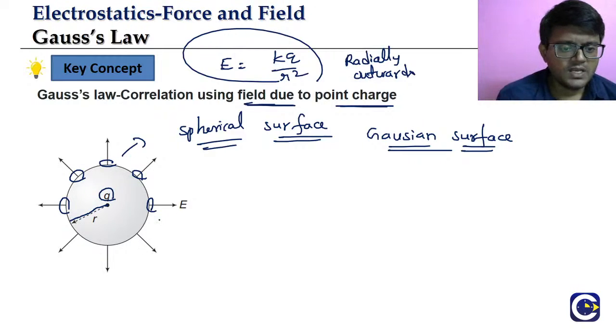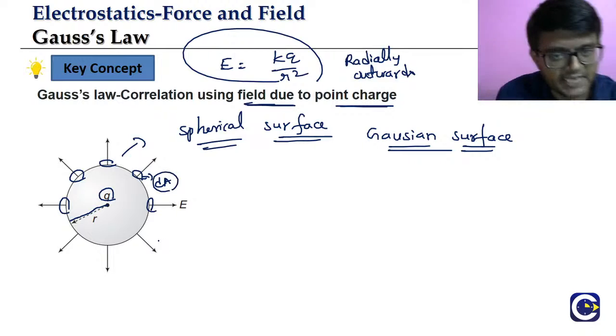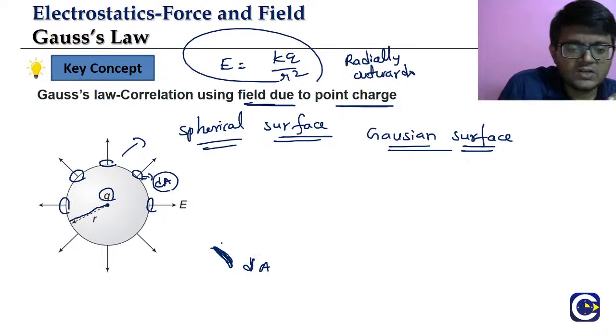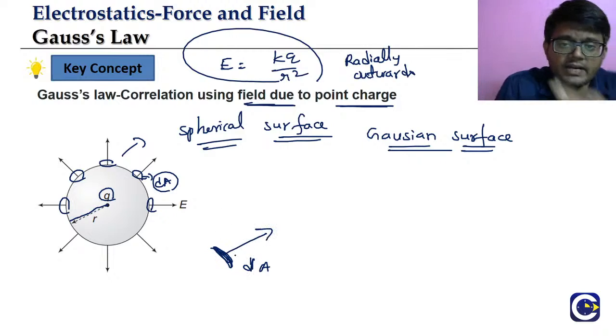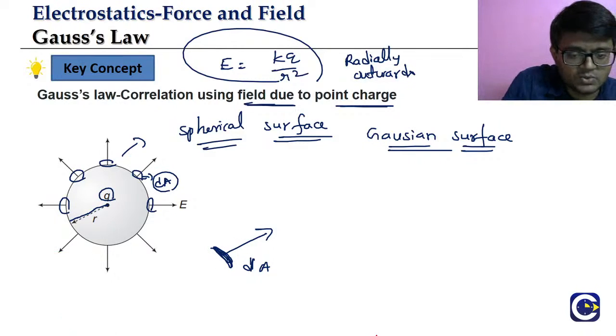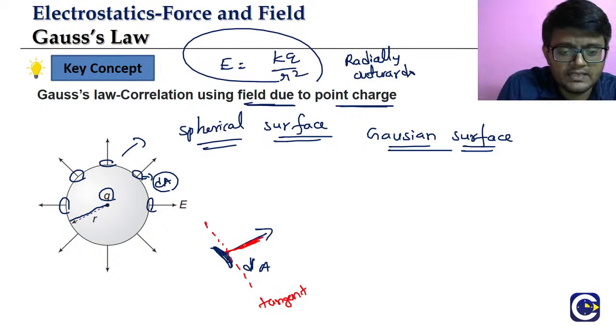Now take a very small surface dA. It will look like this, that small surface dA. The surface normal, what is it? It is also radial, because if you draw a line along the surface, we call it a tangent, and the perpendicular to the tangent is the normal. That is the direction of dA.